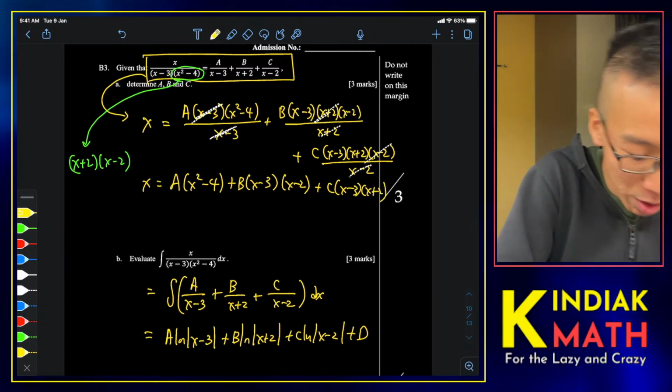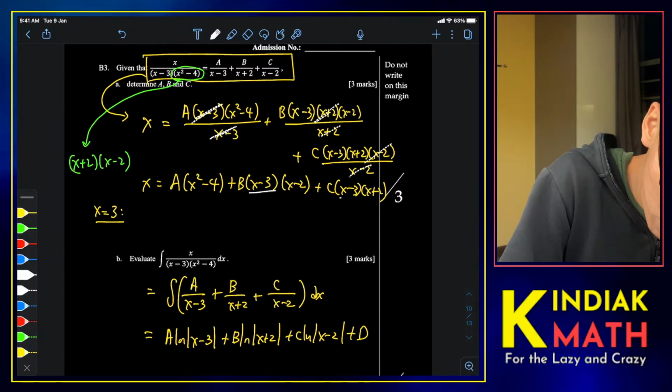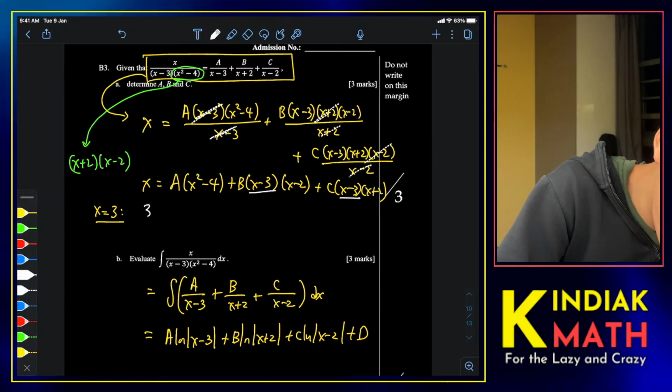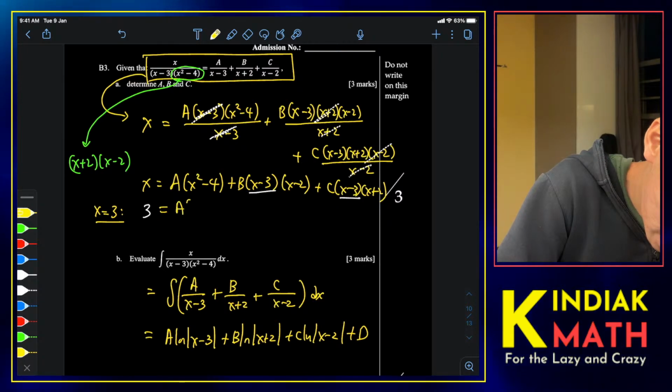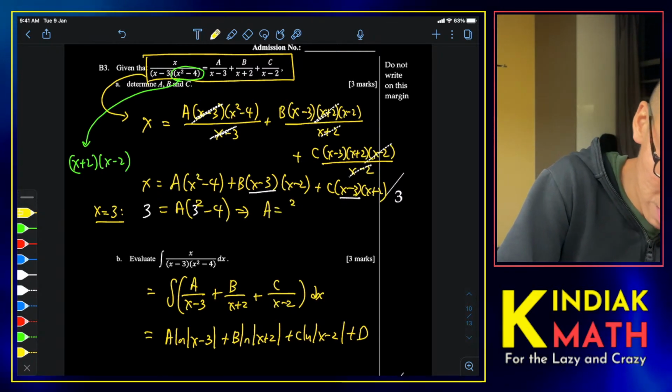What this means is that when x equals 3, these terms would go to 0. So when we substitute everything, we get 3 equals a times 3 squared minus 4. So a would simplify to 3 over 5.